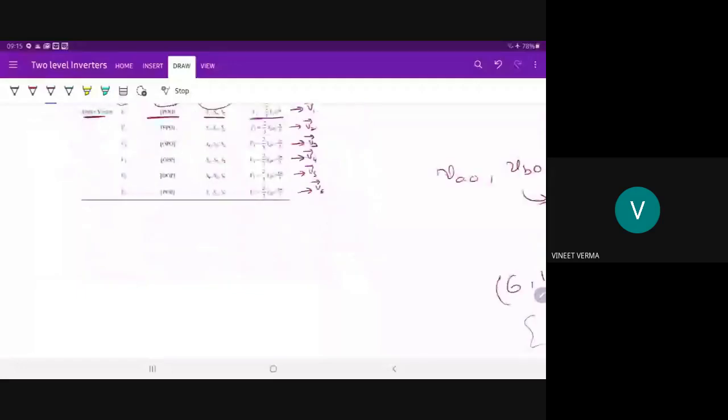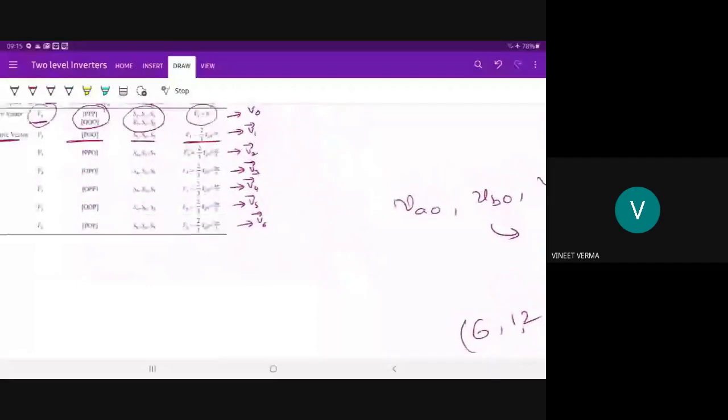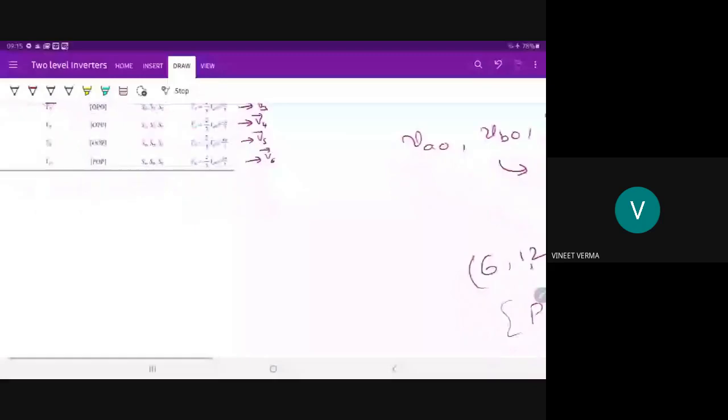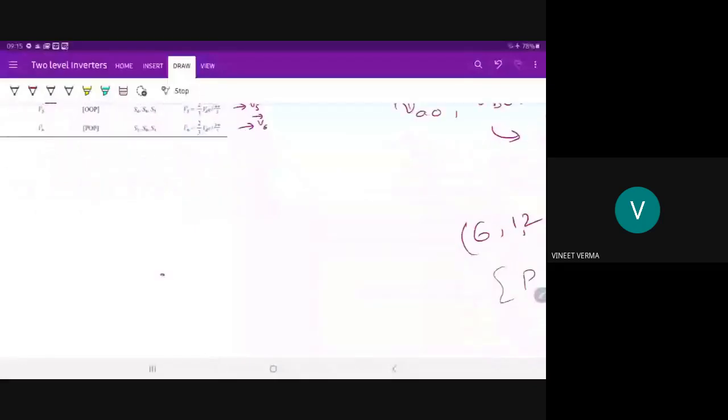Clear? So now how to draw this waveform, 2 by 3 Vd e to the power of j0? If you assume this is the origin, right? So this one is 2 by 3 Vs or Vd, and this is e to the power of j0, you agree? This is the V1 vector. Similarly, the V2 vector makes a 60-degree angle with the V1 vector, right?